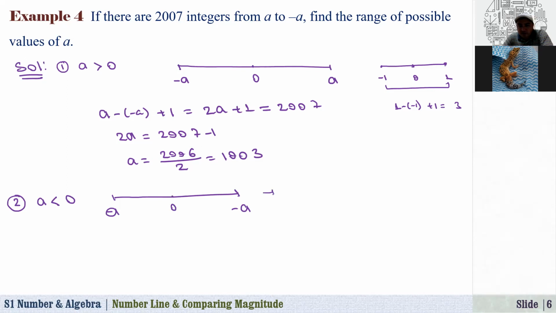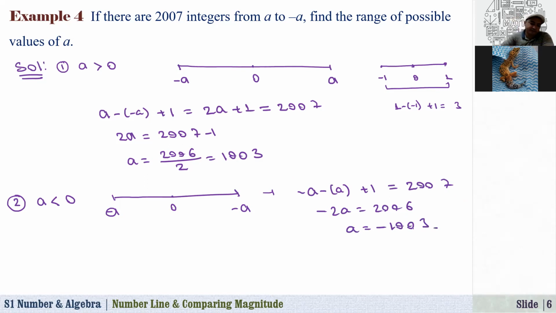Also, this a is an integer number. So again we'll have the same thing, but here we have minus a plus 1 is equal to 2007. Now from here, minus 2a is equal to 2006. So what is a? Minus 1003.